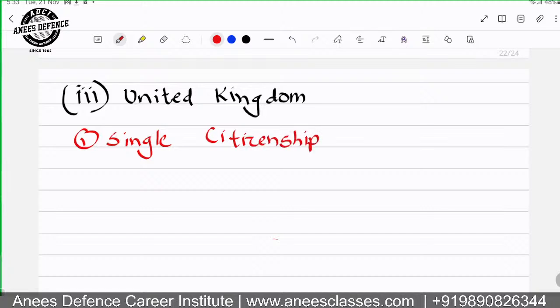In India, a person can be a citizen only of this Indian state, meaning the country, and not a citizen of two countries, neither a citizen of Maharashtra nor a citizen of Bihar or UP. We are residents of states, but citizens of India.